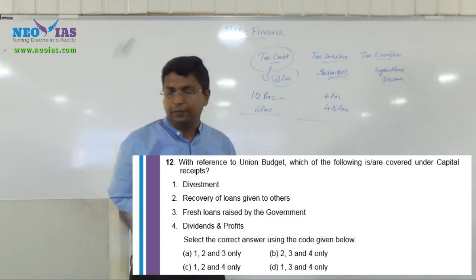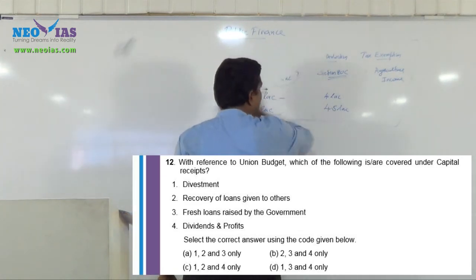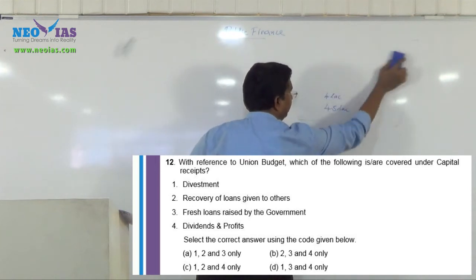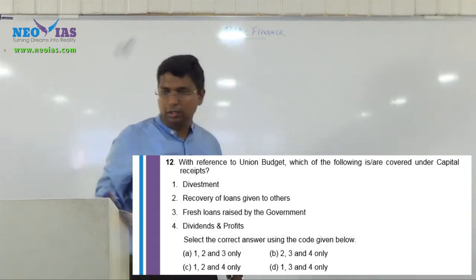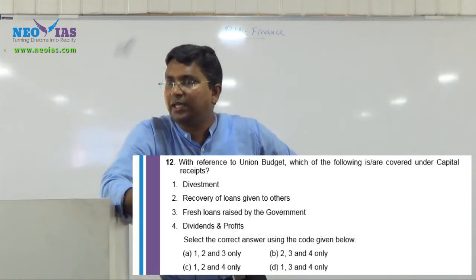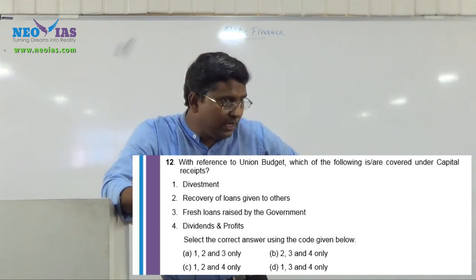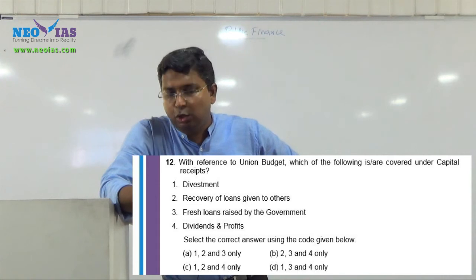Now in the case of capital receipts, what will happen in relation to assets or liabilities? If you are receiving money and it is creating a liability, automatically it will be a capital receipt. And what about receipts without liability?